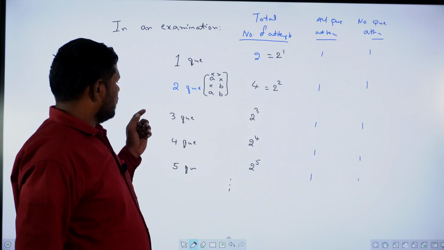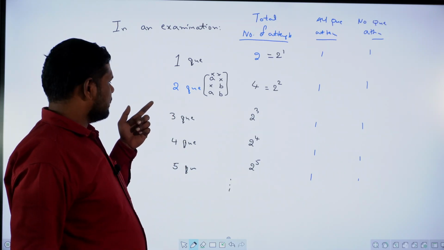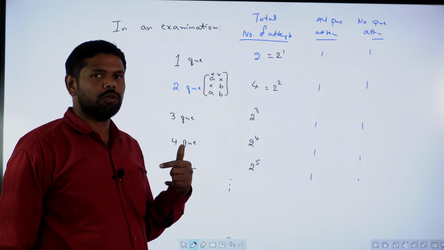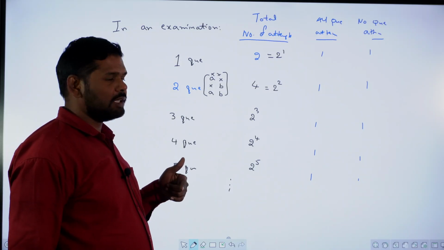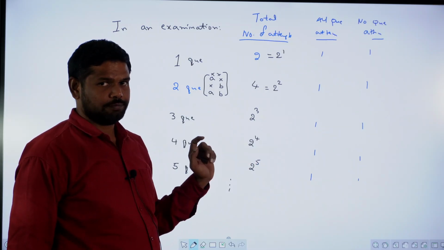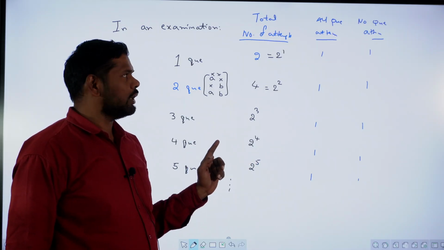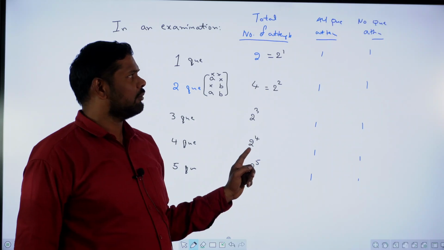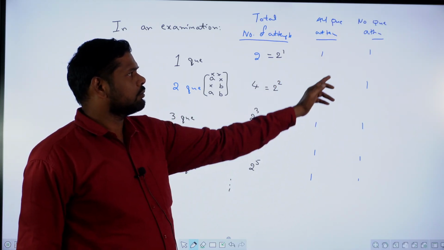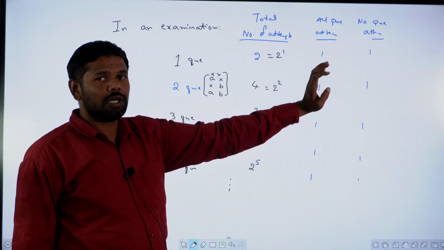So in an examination paper, 4 questions are there. How many total number of ways are possible for a student to attempt? Total number of attempts with 4 questions is 2 power 4, 16. But excluding not attempting any question.